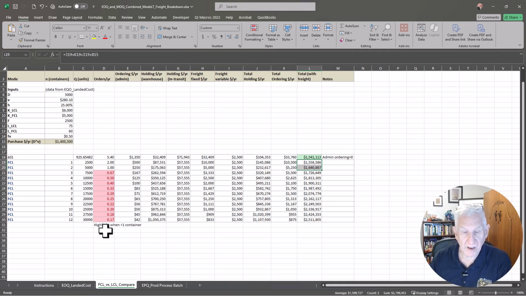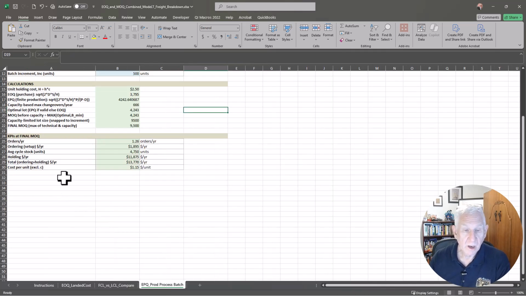You want to plug in the values that you would use based on your products and your transportation. Now there's another tab I'll talk briefly about here. This is EPQ. I added this because sometimes we want to understand what's going on in the manufacturing process. There could be some batching that might happen if it's a process flow industry, like petrochemical or pharmaceutical or food processing.